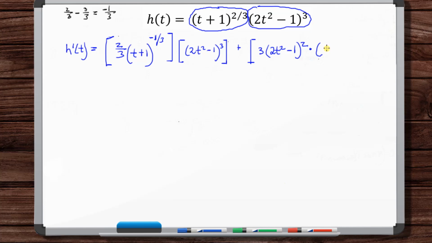Derivative of 2t squared minus 1 with respect to t is 4t. Okay, so we have the derivative of the first times the second plus the derivative of the second times the first.